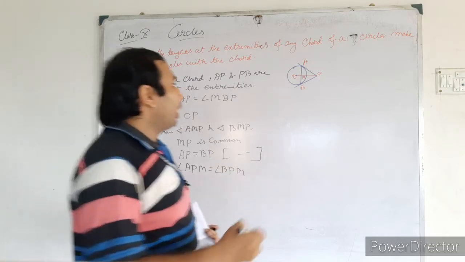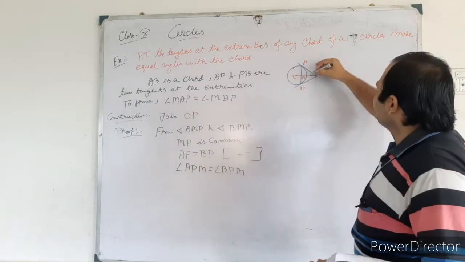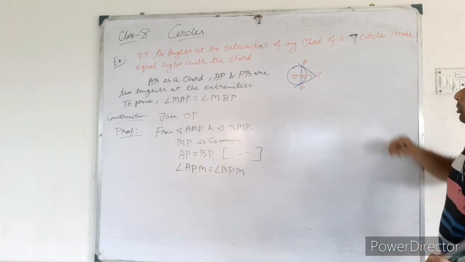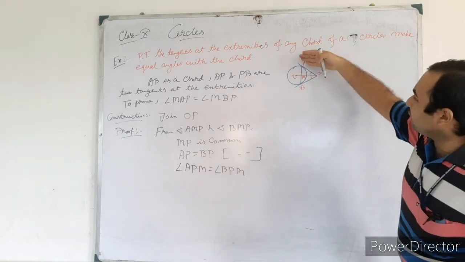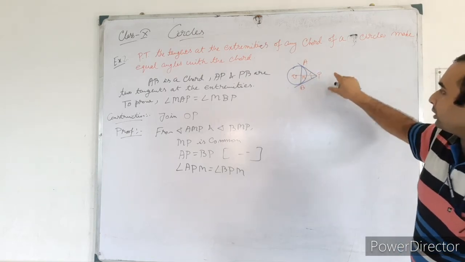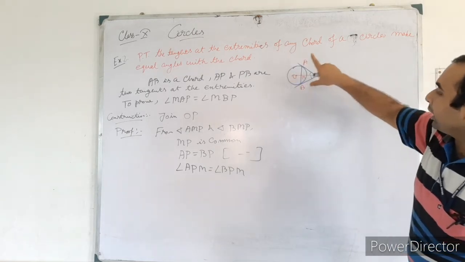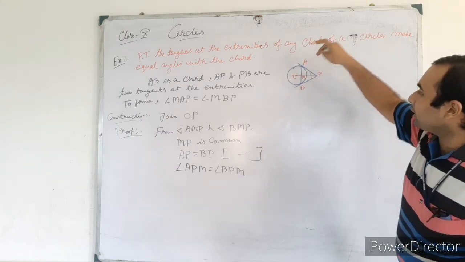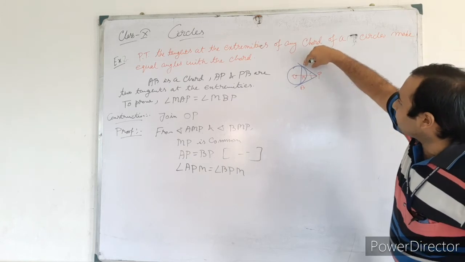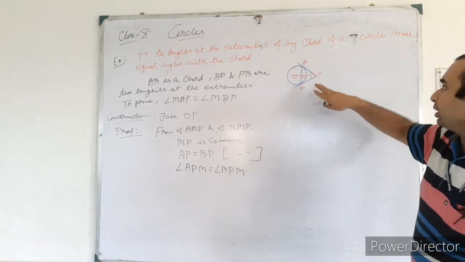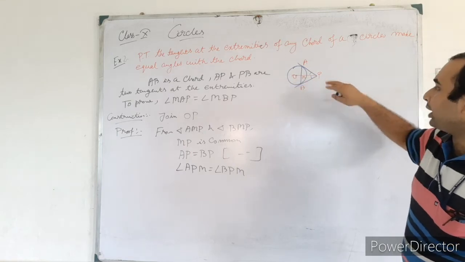Why? Just see, I am saying this angle is equal to this angle. Why is it? Because those two tangents are equal from this point. If you draw two tangents here, and those two tangents are equal, then they have equal inclination on this OP line.